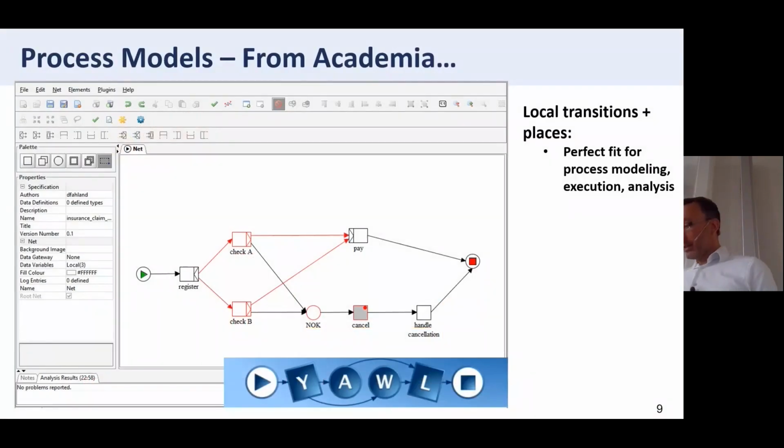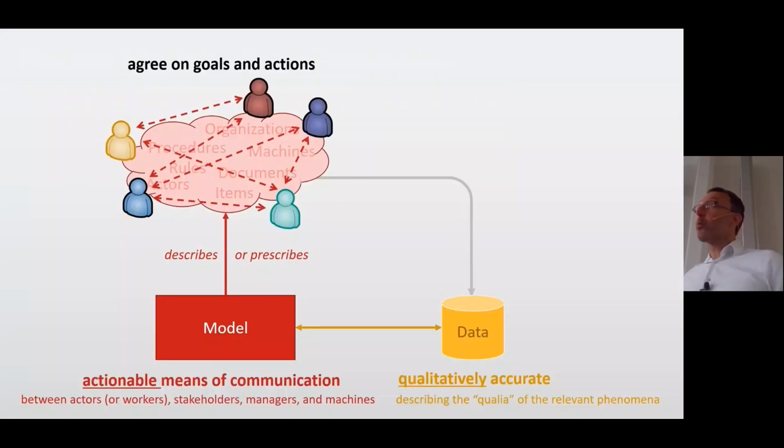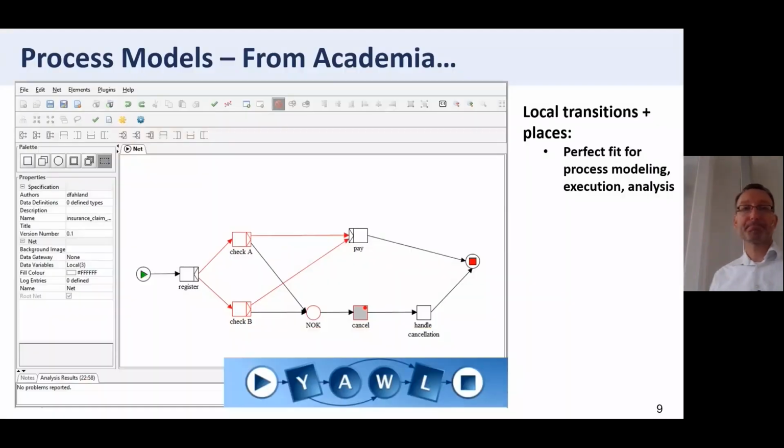So let's compare this picture to what we are doing or have been doing over the last 20 years. We've been developing in the early stages of the BPM community process modeling languages, right? YAWL is, say, the prime example of the academic development that incorporated all kinds of patterns of how to model workflows into simple constructs.